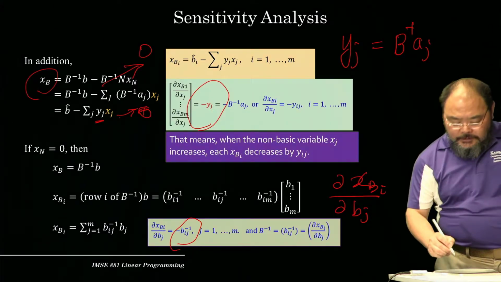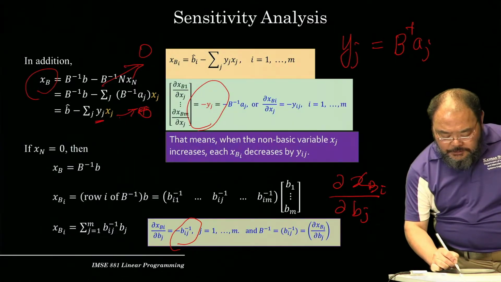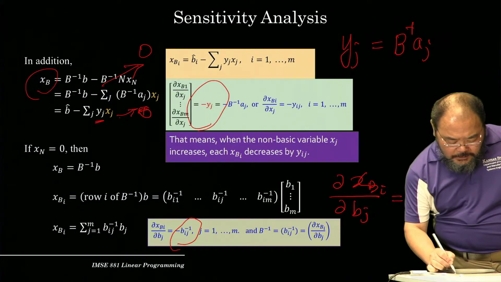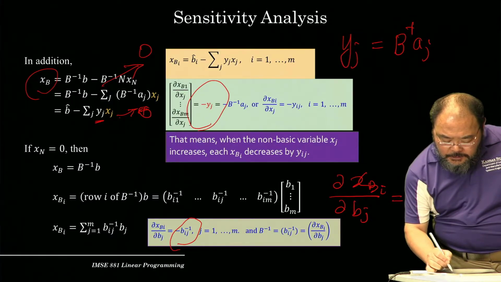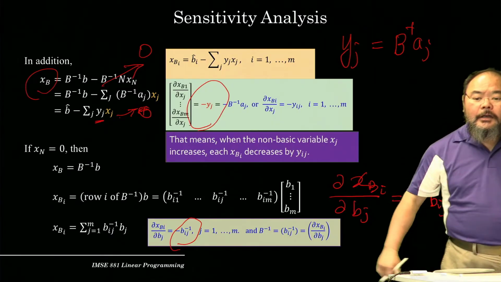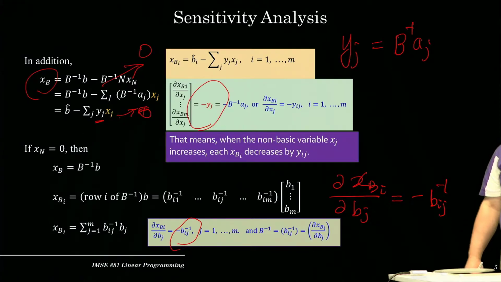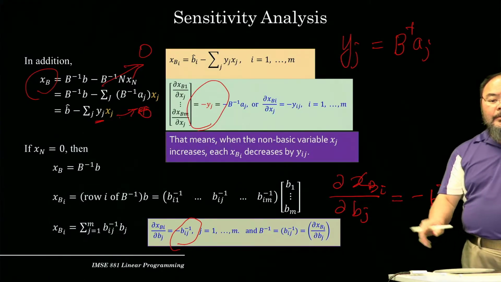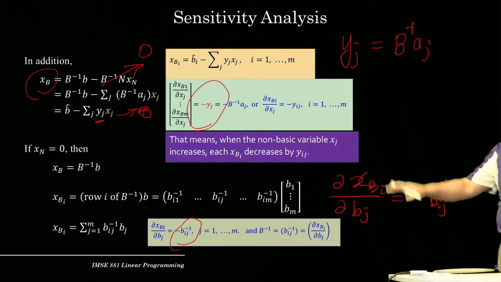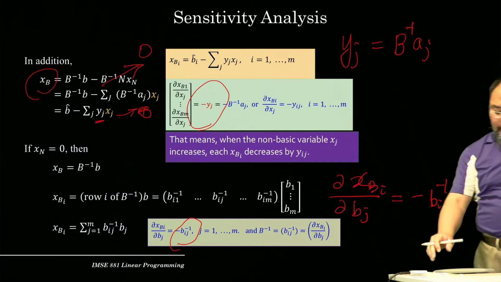If I relax a certain constraint by increasing it, the change will be negative B inverse ij, the ij element of the inverse matrix. So these are the two main results on this slide.